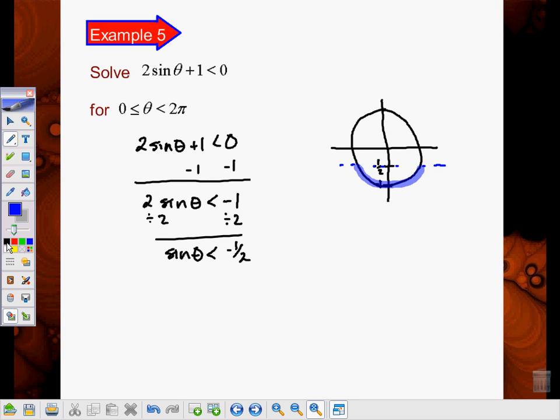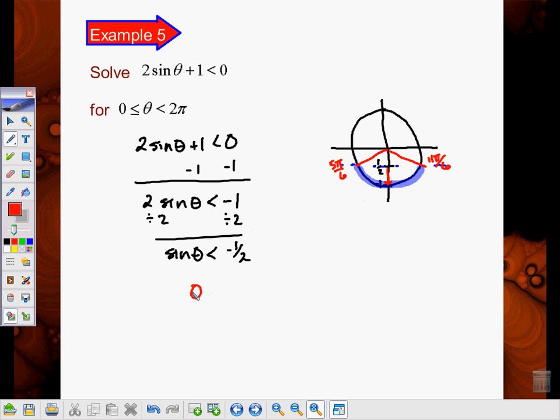Well, to hit -1/2, that is going to happen where? Well, this would be pi over 6 past pi, so that would be at 5 pi over 6, and pi over 6 before 2 pi, so that would be 11 pi over 6. So we're saying theta is between 5 pi over 6 and 11 pi over 6. That will give us y values less than -1/2 and thus sine values less than -1/2.